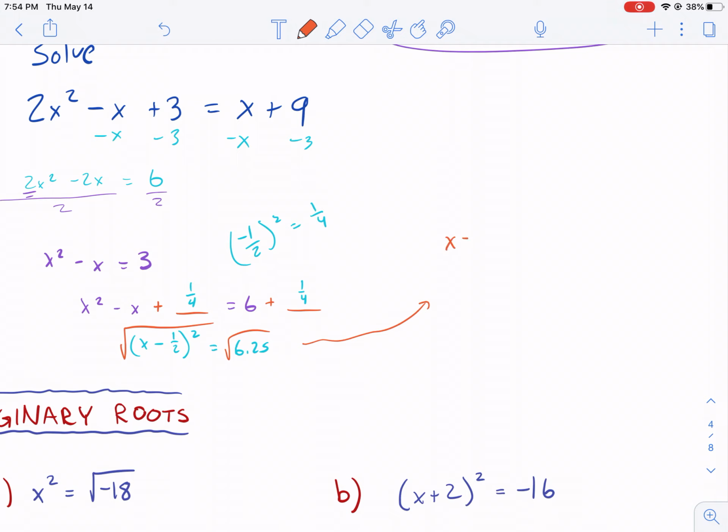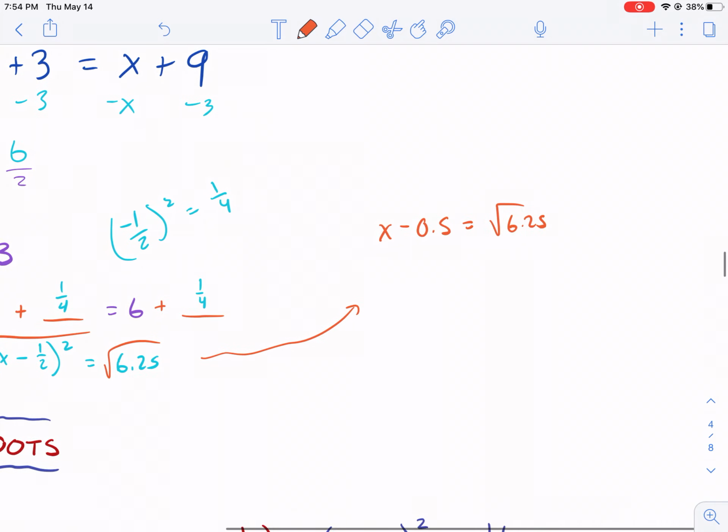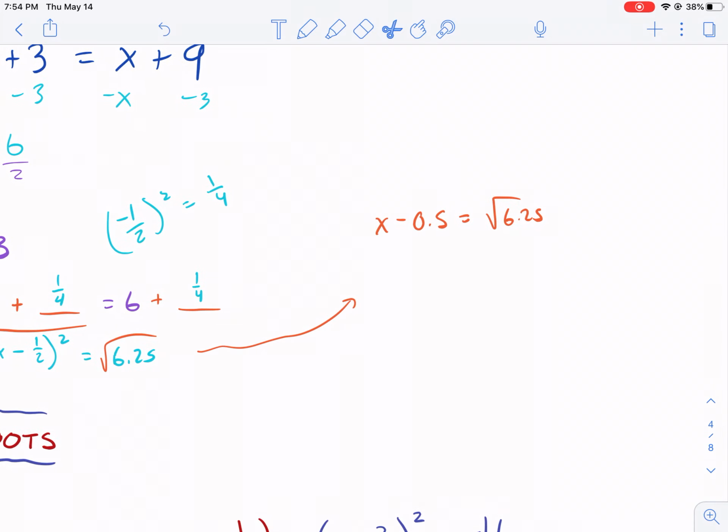So I have x minus, we'll call it 0.5 since we're going decimal anyway, equals the square root of 6.25. And then I have another one: x minus 0.5 equals the negative square root of 6.25.